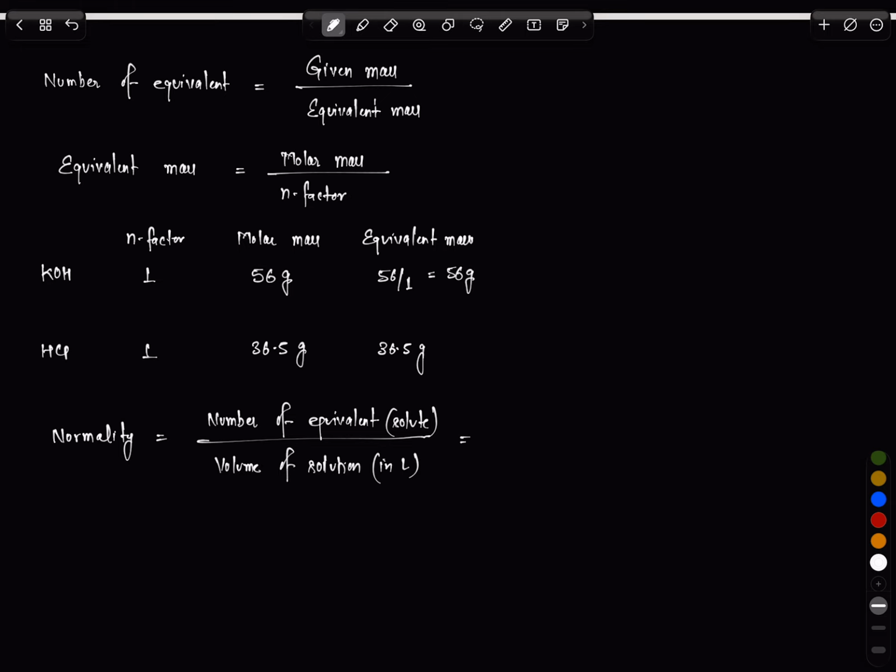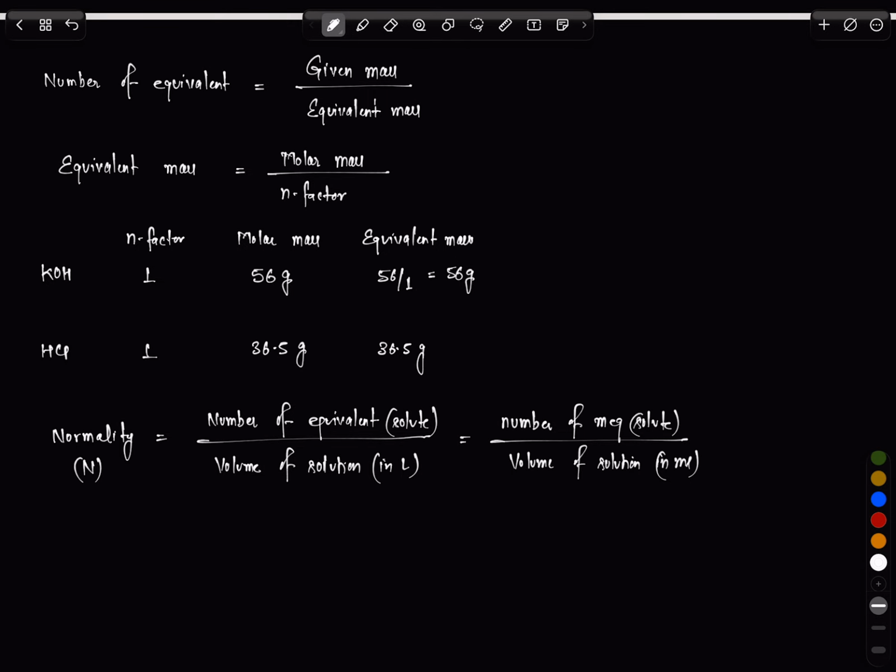The alternate way is, instead of equivalent, if you take milli-equivalent, you can also take volume of solution in ml. You will get the same value. So to calculate normality, instead of equivalent, we are taking milli-equivalent of solute, but we are dividing by volume of solution in ml. That will give you normality. The symbol is N.